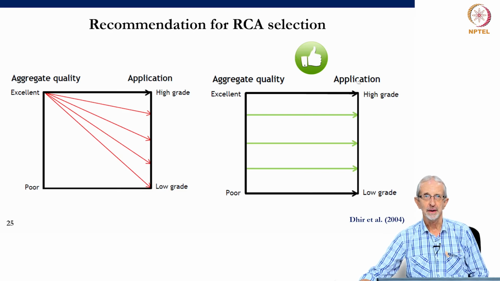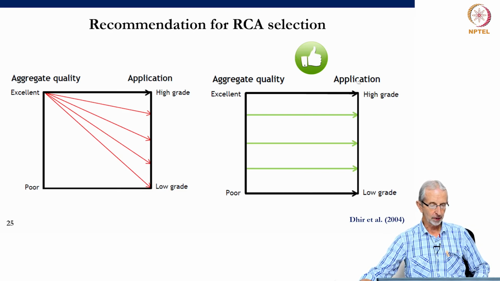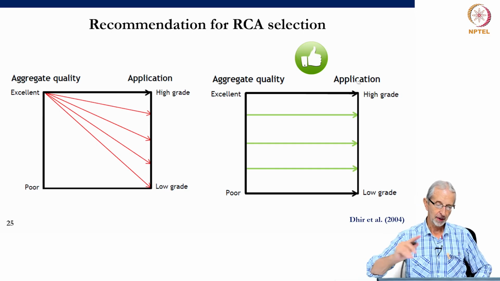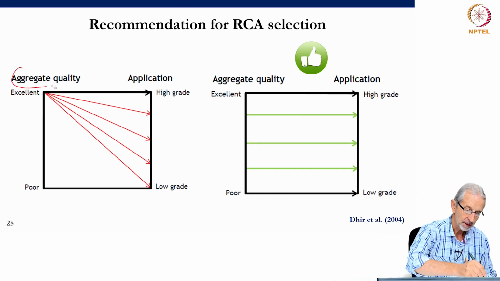Okay, now with that in mind, what sort of recommendations can we have for RCA selection? In addition to the classification approach we've just looked at, the important point to stress here is that we must link the aggregate quality with the application. That is extremely important.